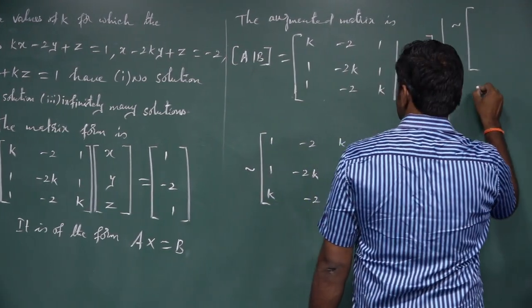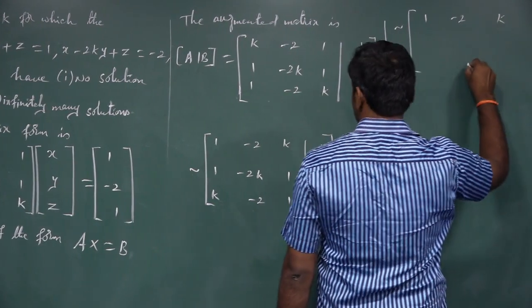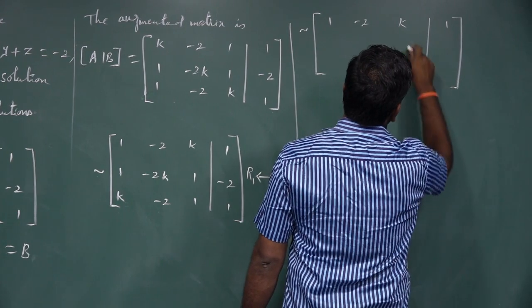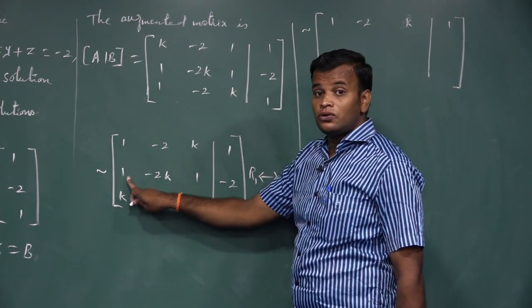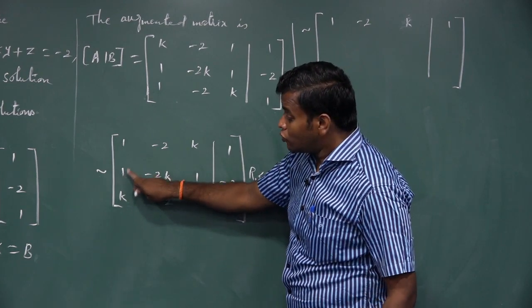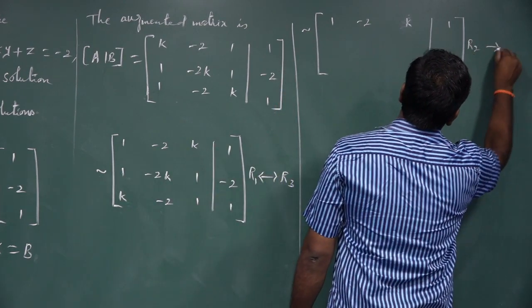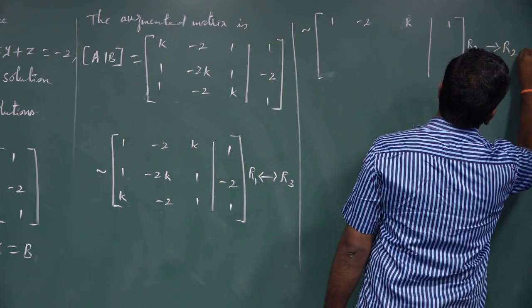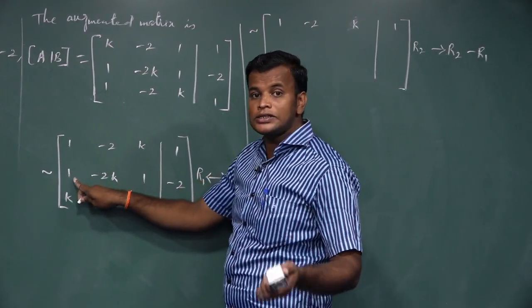We write the first row as it is: 1, minus 2k, and 1. And in the second row we write R2 as R2 minus R1.